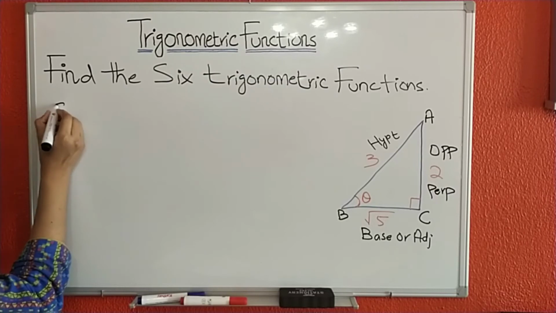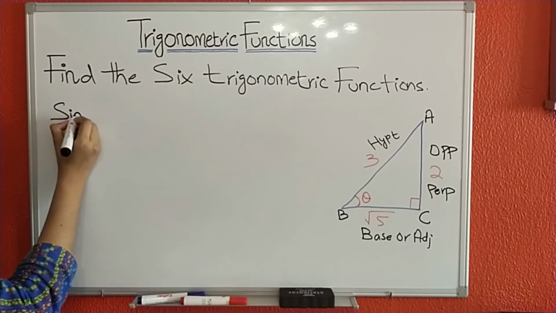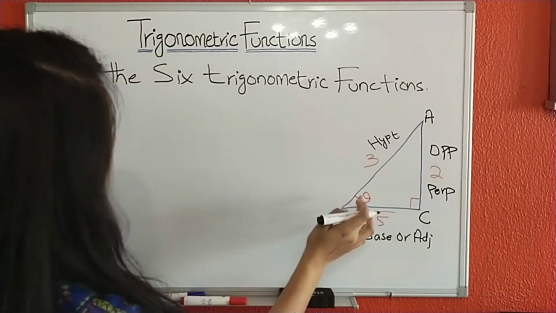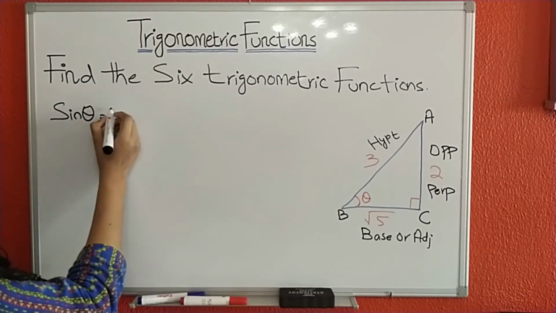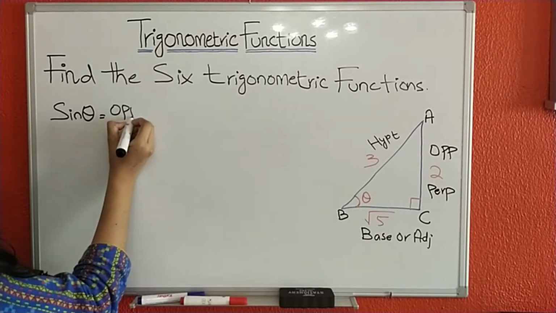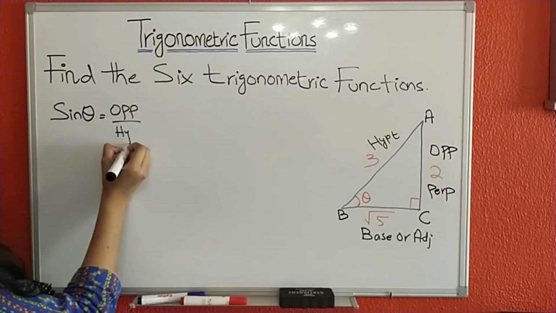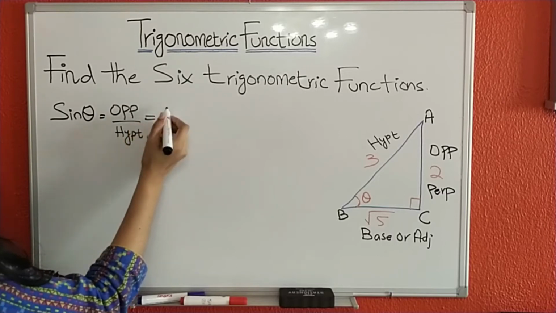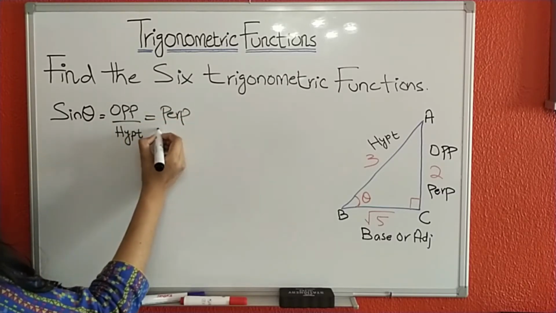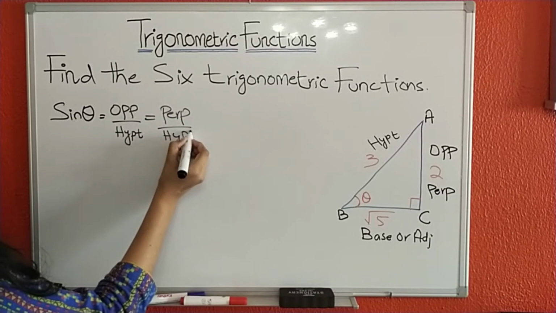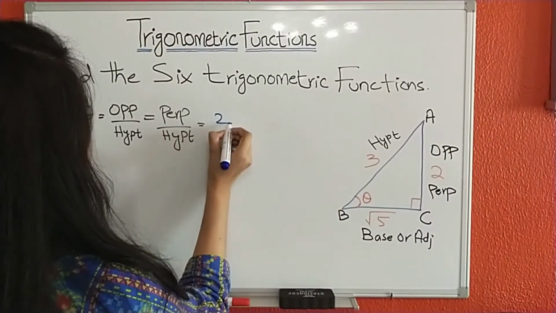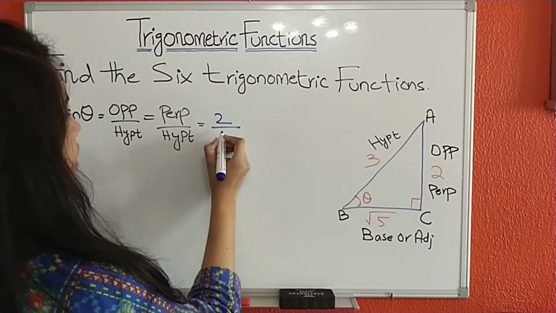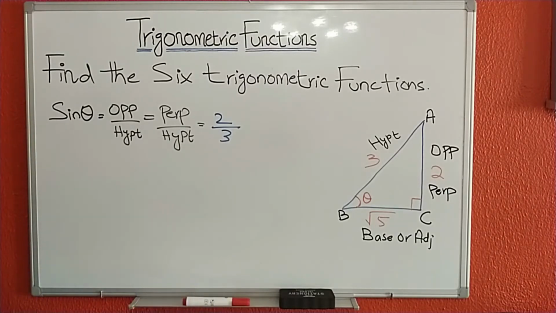So first ratio is sine. As I have angle theta here, so I am putting theta here. Sine theta is equal to opposite upon hypotenuse or perpendicular upon hypotenuse. So what is the value of perpendicular or opposite here? It is 2. So 2 over, and hypotenuse is 3. 2 over 3.